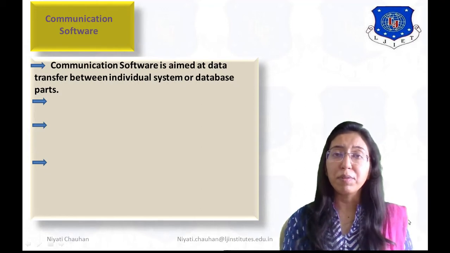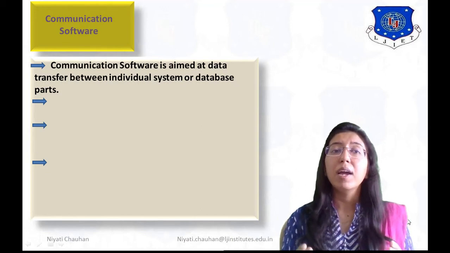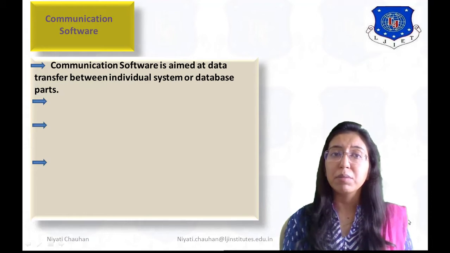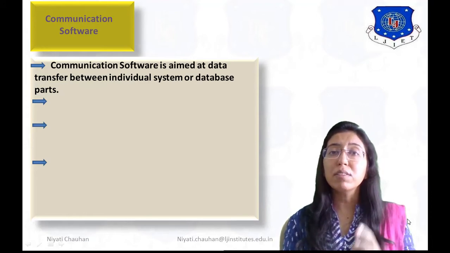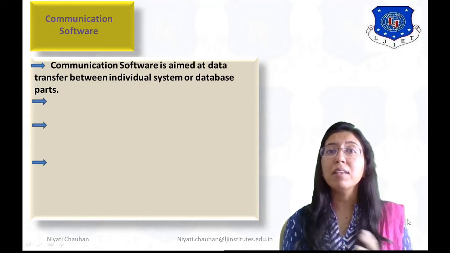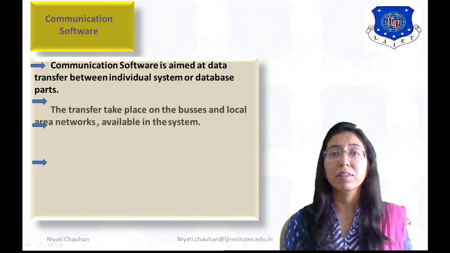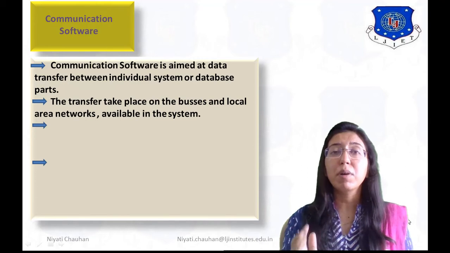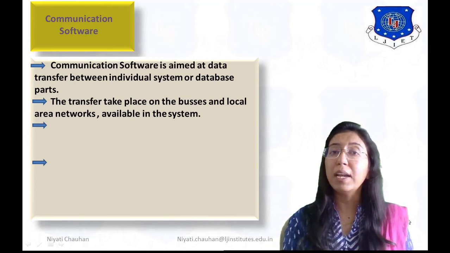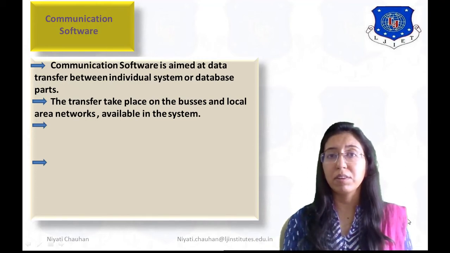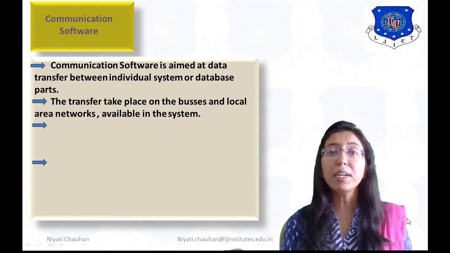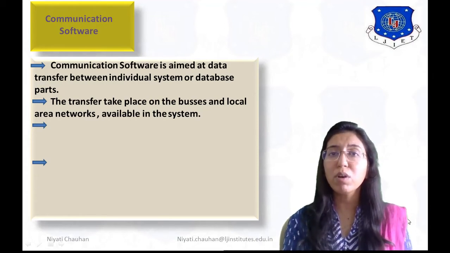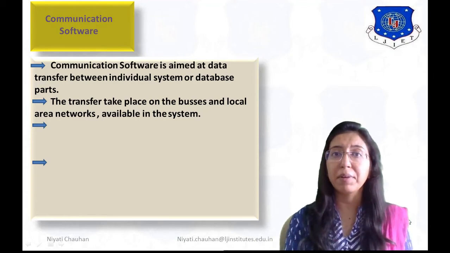Communication software is aimed at data transfer between individual systems or database parts. The transfer takes place on the buses and local area network available in the system. Here we are transferring data by using buses or local area network.